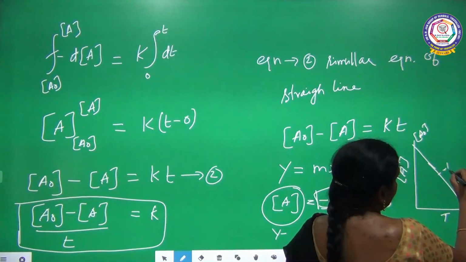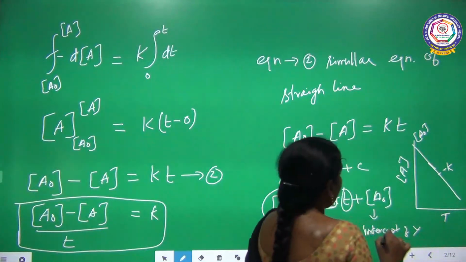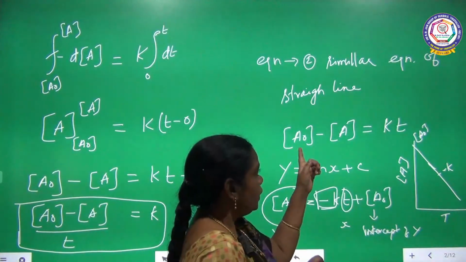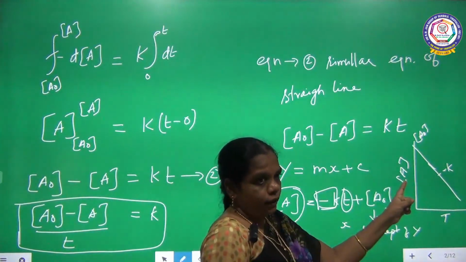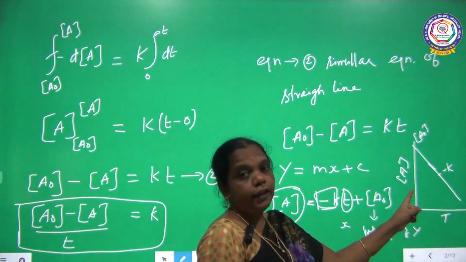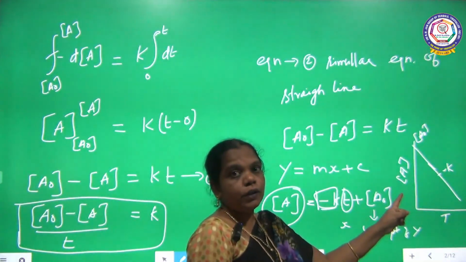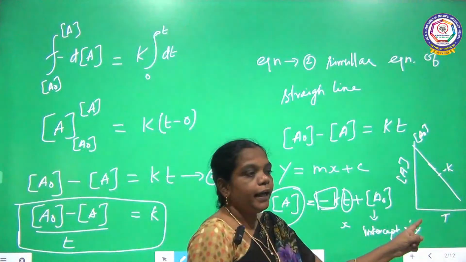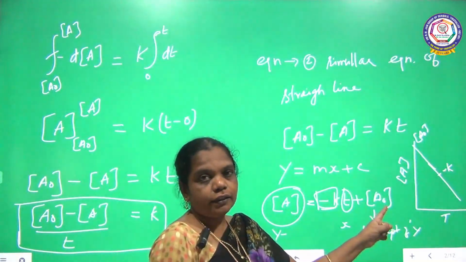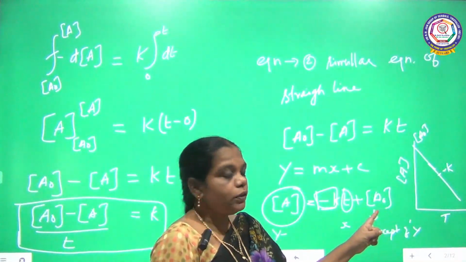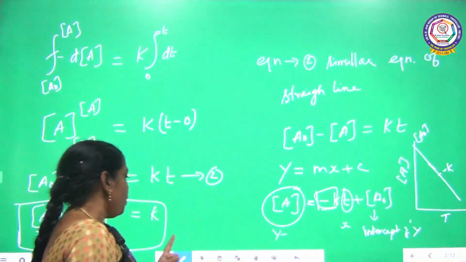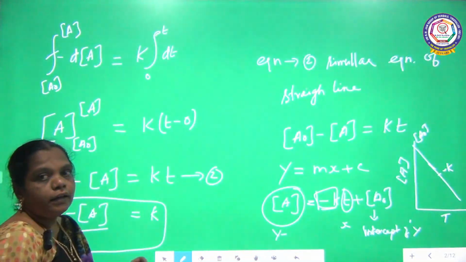So this gives the k value. By using the value of this equation, you can draw the straight line. We can find the slope. From the slope you can find the rate of the reaction for the instant time. So this is the equation about the zero order reaction.